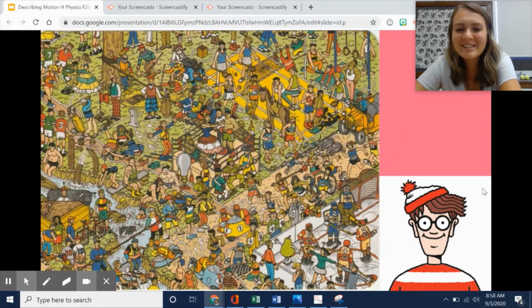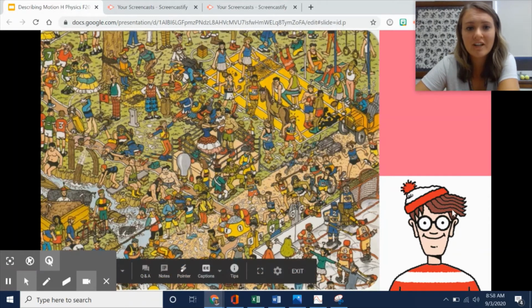All right, next, we're going to be talking about the location or position of an object. When I think of finding the location or position of an object, I think of Where's Waldo, a game that I played growing up. If you've never played Where's Waldo, you have a really busy picture, and then you have to look for this guy here. His name's Waldo.